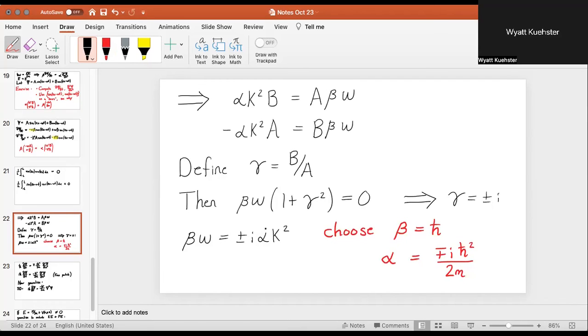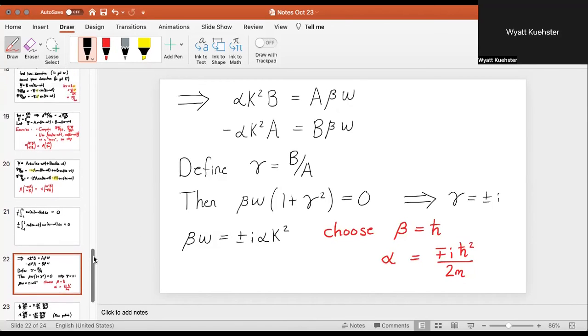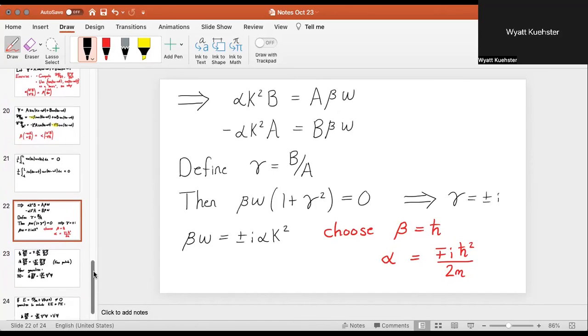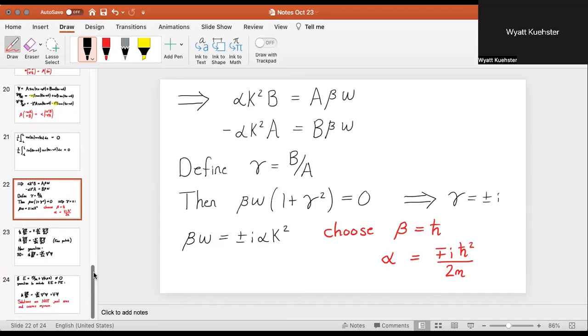And if beta equals 0, then we're in the case where the second derivative of the wave function is 0, so that's not fully general either. So we're going to say that gamma is plus or minus i, using the zero product property. And then by the above, beta omega equals plus or minus i alpha k squared. And so we'll choose beta and alpha to satisfy this equation.